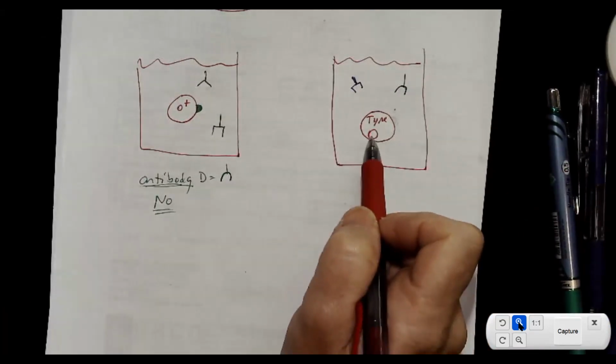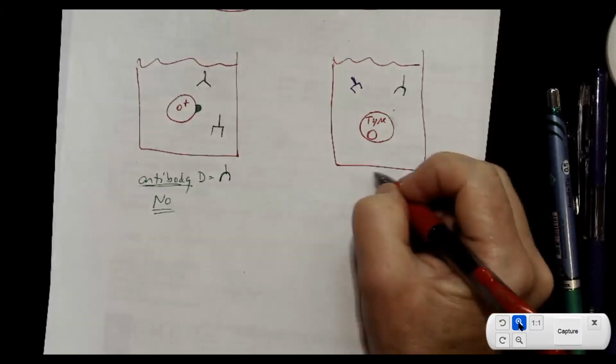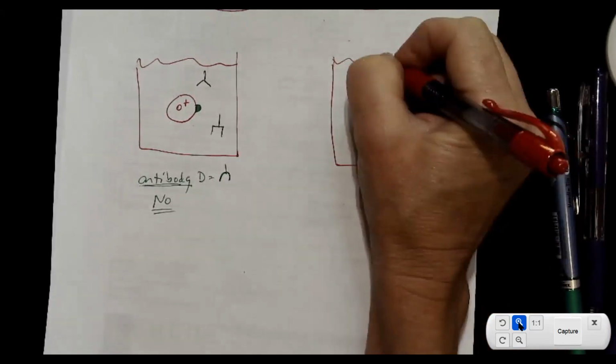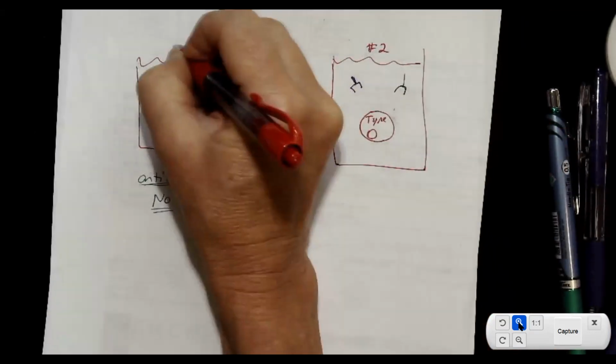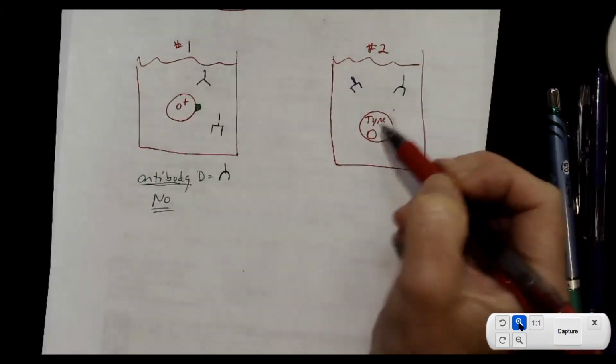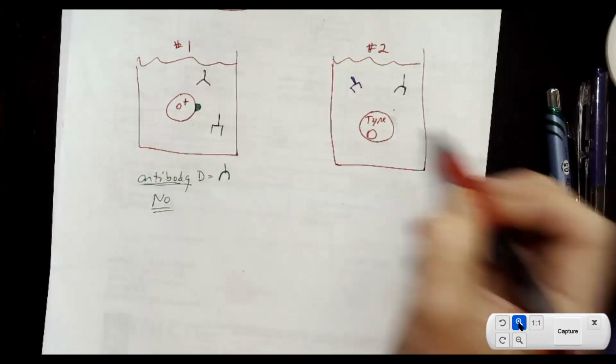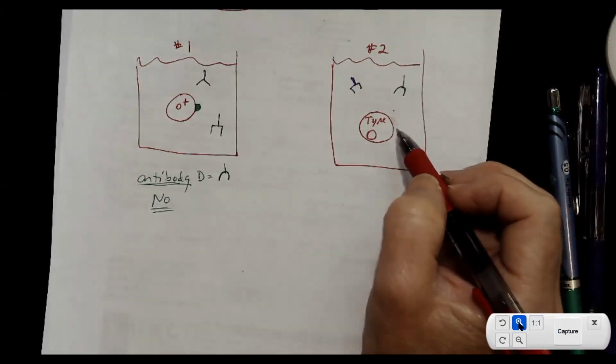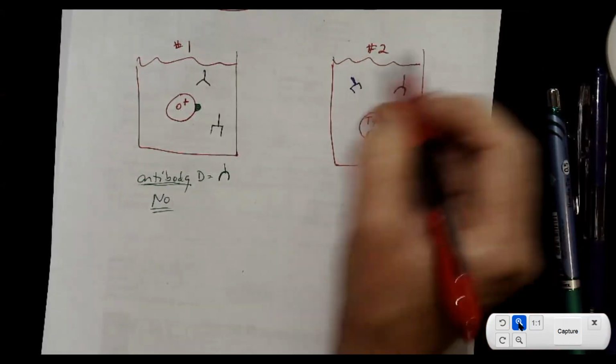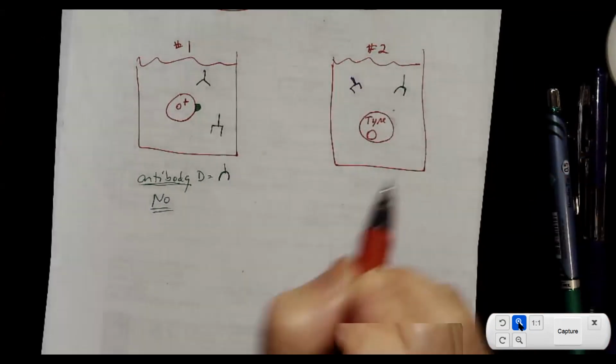Let's just call this beaker number 2 and beaker number 1. Could beaker number 2 donate to beaker number 1? And could it donate red blood cells?